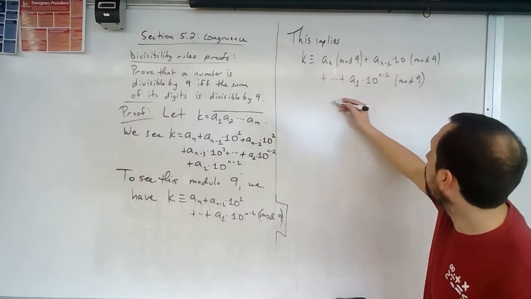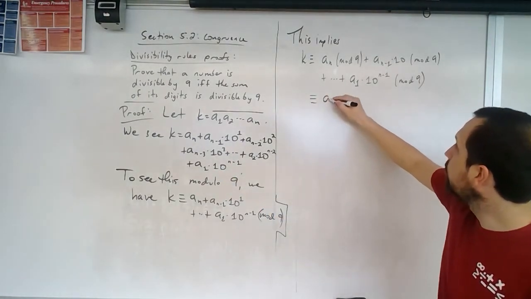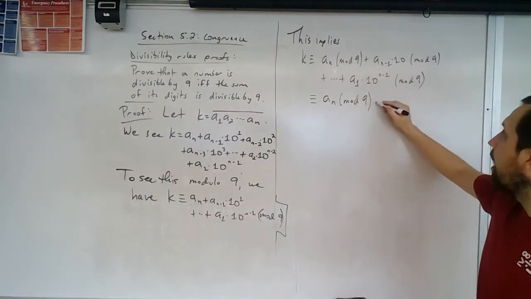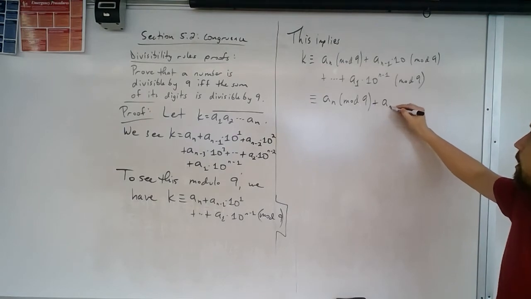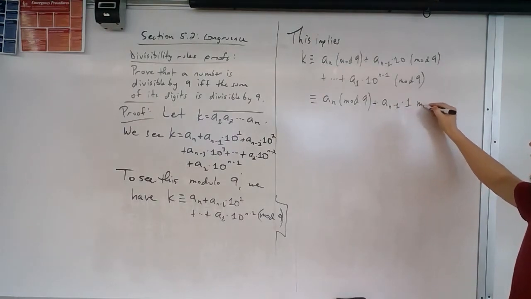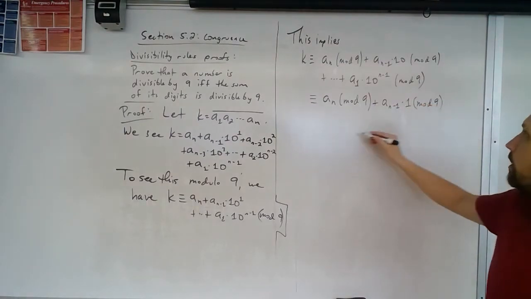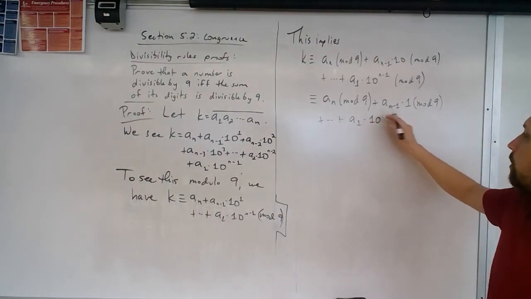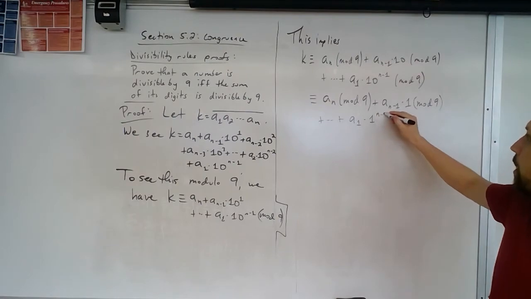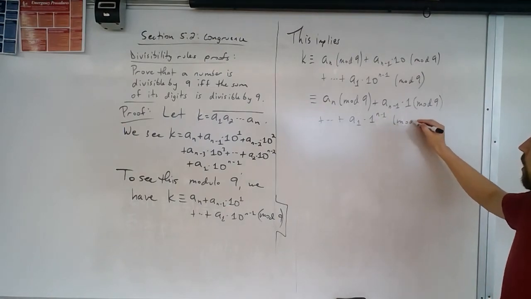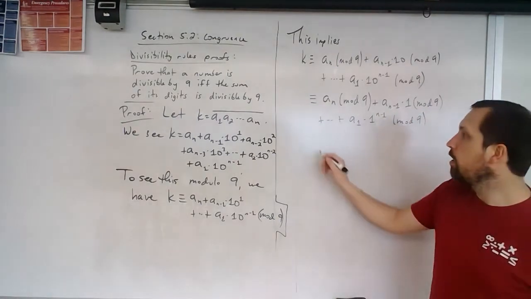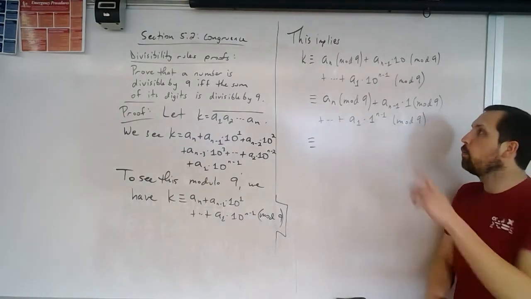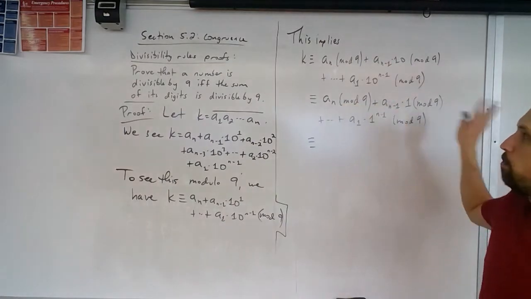So this is now congruent to a sub n mod 9 plus a sub n minus 1 times 1 mod 9 plus all of these plus a sub 1 times 1 to the n minus 1 mod 9, which is, if I combine all of these, so 1 to any power is going to be 1, I'm going to add all of these and I'm going to pull the mod back out.